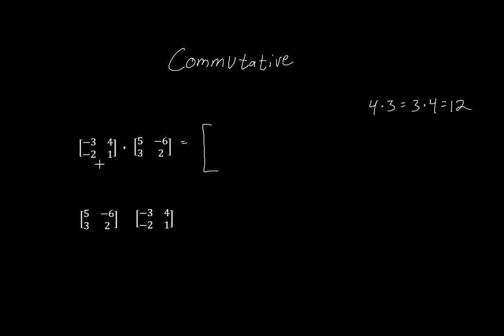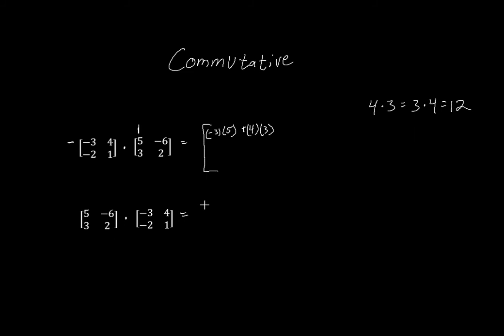With matrices, remember, in order to get this first entry, we need to do row 1 and column 1. So negative 3 times 5 plus, we've got a second entry here, 4 times 3. And this would be our row 1, column 1 spot. We can go through and figure out this whole matrix, but really all we need to find out is whether these are the same answer.